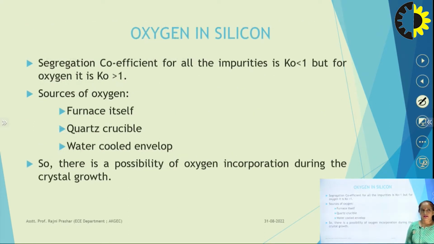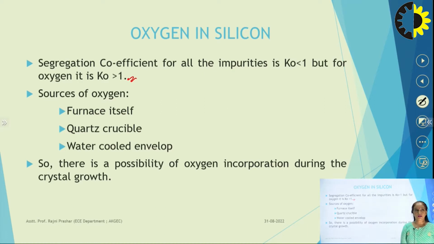In the last lecture we came to know about the segregation coefficient, which is present in the silicon ingot because of the impurities. In the table we saw that the segregation coefficient for all the impurities is less than 1, but for oxygen it is greater than 1.